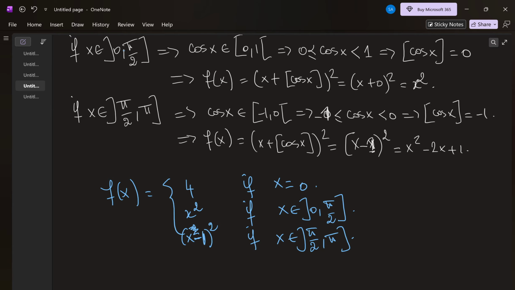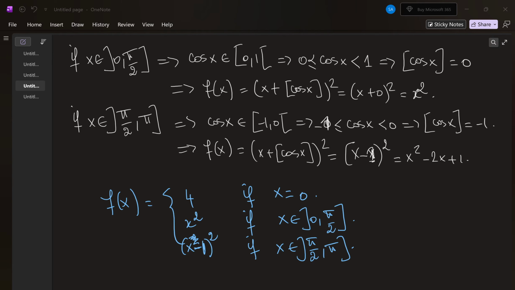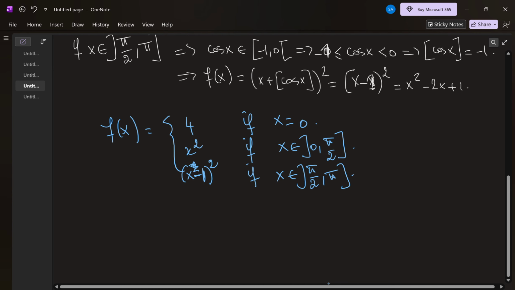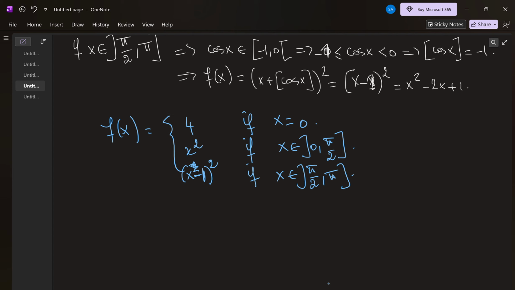Now we will check. The question is to study the continuity, so we will see whether our function f is continuous or not.